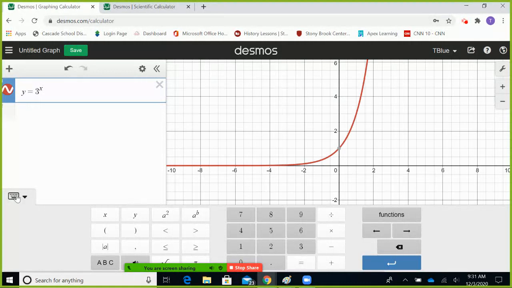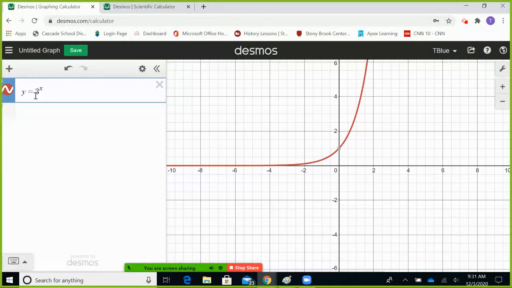And so if I have y equals 3 to the x power, can you see my graph or is it still pixelated? Can you see the red line? Okay.